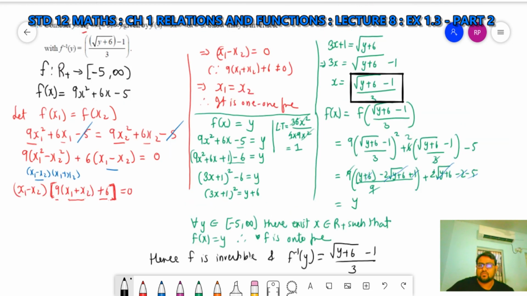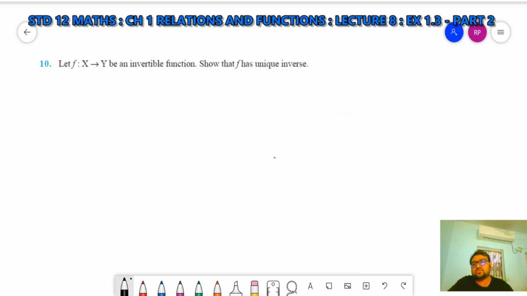Okay, now note down question number 9. Now let's start the next, that is question number 10. Question number 10: let f from x to y be an invertible function. Show that f has a unique inverse.